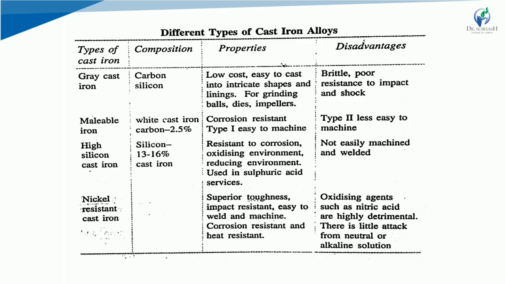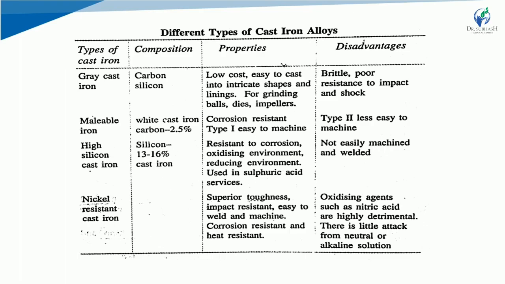But it has silicon in the range of 13 to 16% added. It is resistant to corrosion in oxidizing and reducing environments, and it is used in sulfuric acid services. But the disadvantage is that it is not easily machined and welded.